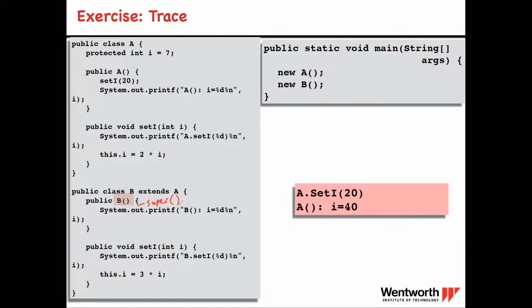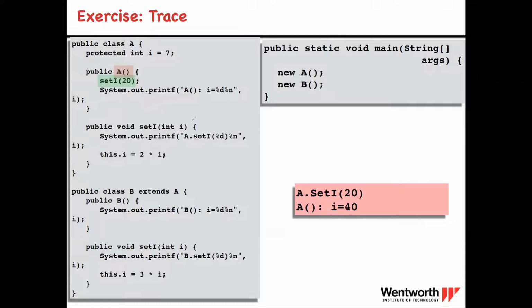That's automatic. That's an easy thing to forget. Remember, we talked about the constructor chaining last time. So where does that mean we go? We go up here. We call setI(20). Now, here is the potentially confusing part. What setI do we go to?